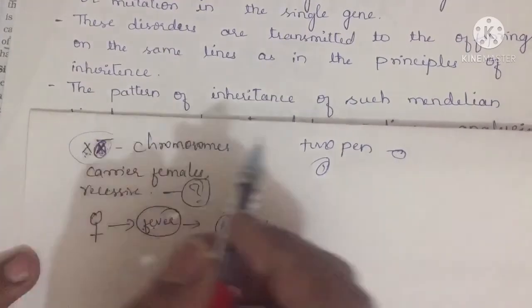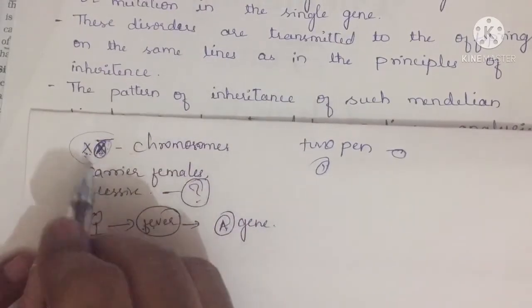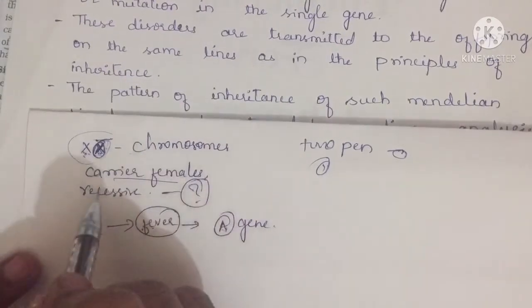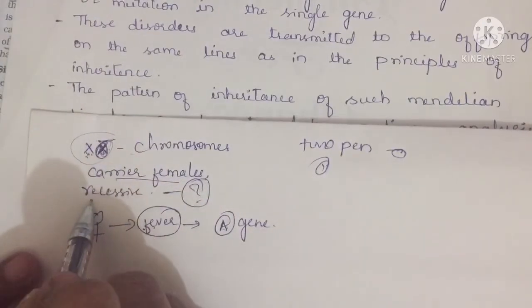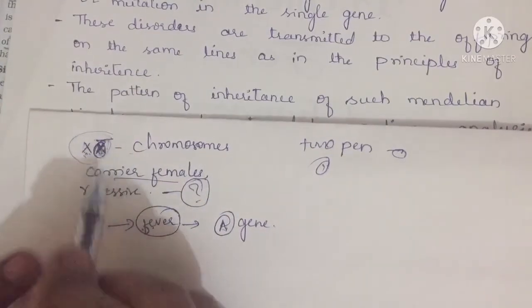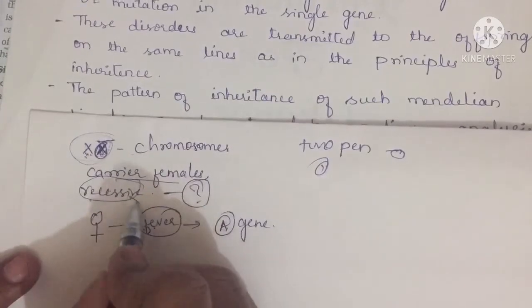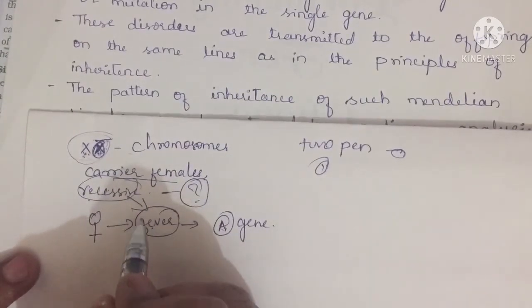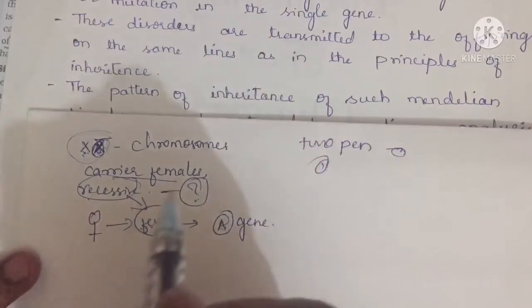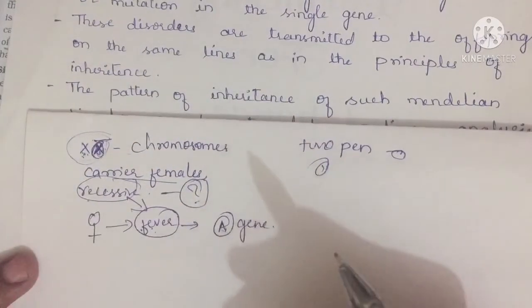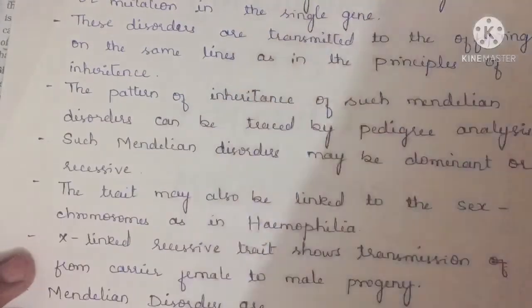Such females are called carrier females, because they carry a defective or mutated gene, and the disease she carries is recessive, which means she is not having fever, but she has that gene which can be inherited by someone else.